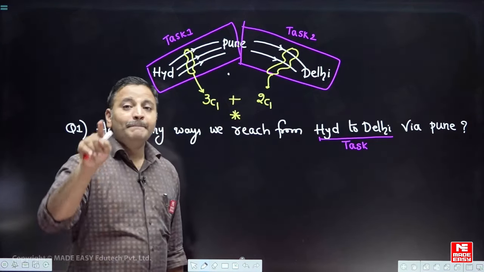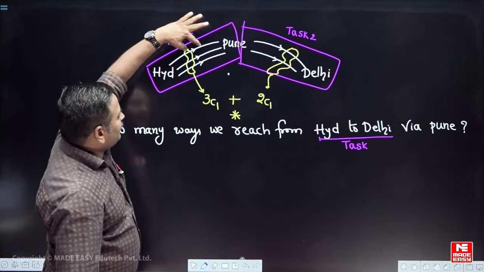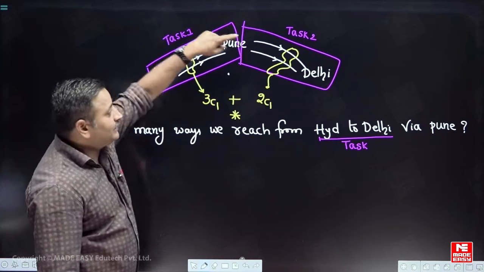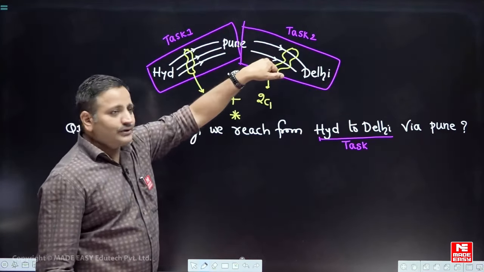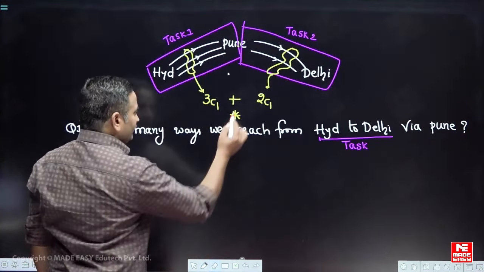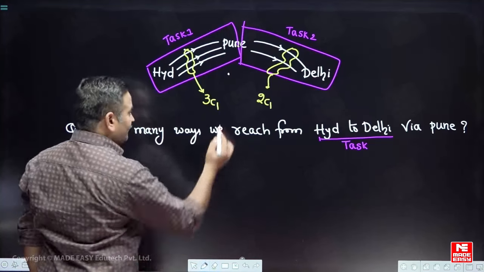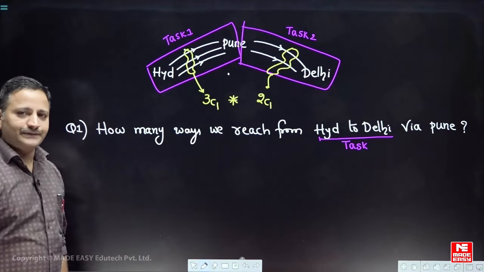Obviously, it must be 3C1 into 2C1. The reason is, with respect to the first path, we have 2 different paths. With respect to the second path, we have 2 different paths. With respect to the third path, we have 2 different paths. Therefore, the number of ways to finish this task is 3C1 into 2C1, that equals 6, friends.